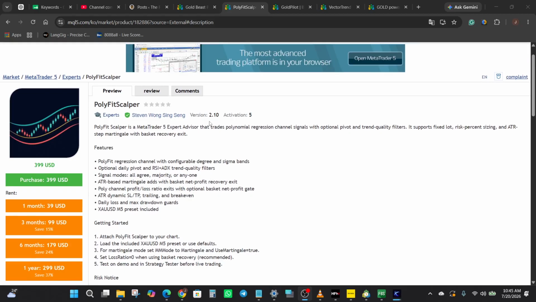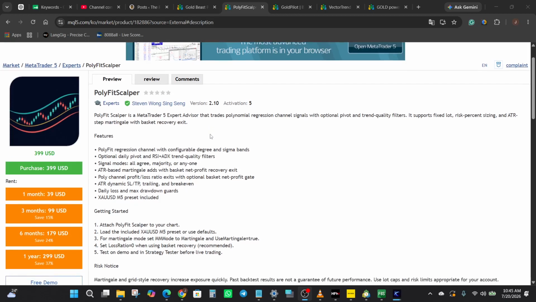Now, the EA is on version 2.1, and scrolling into the description, this trades signals from a polynomial regression channel and with optional pivot and trend quality filters.